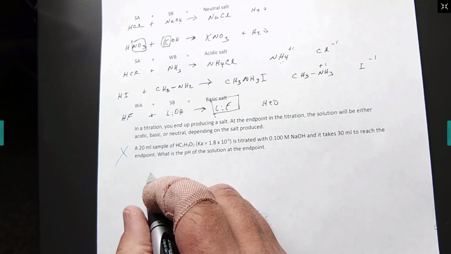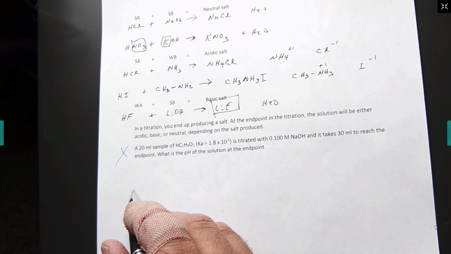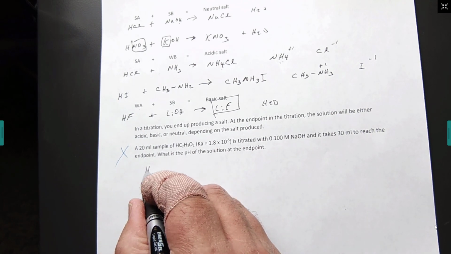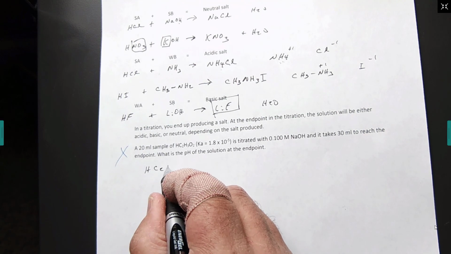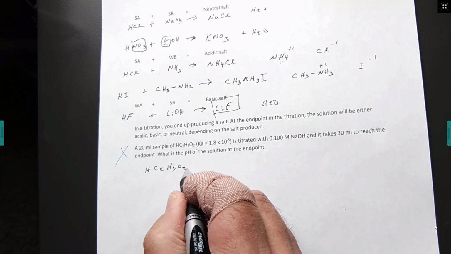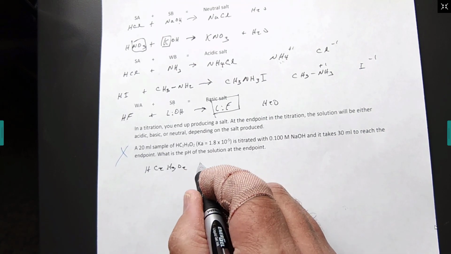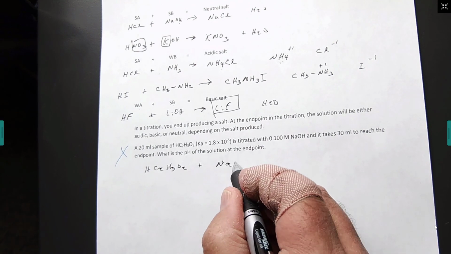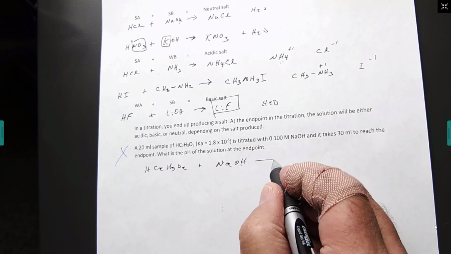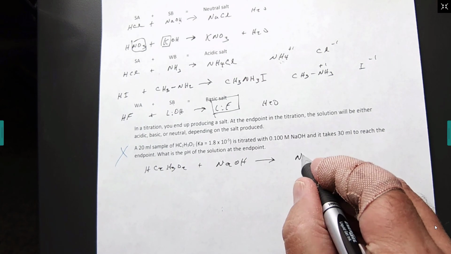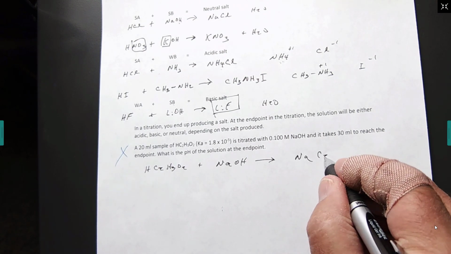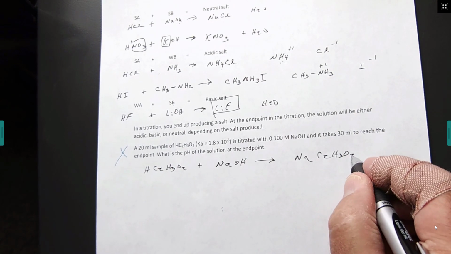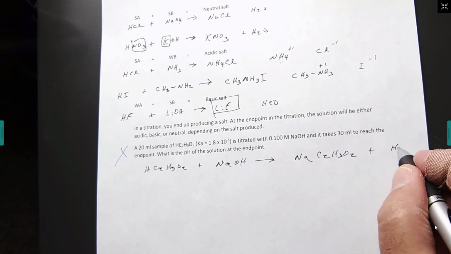What you got to see right off the bat is that you're going to make a basic salt. So you're going to start with your acetic acid, plus your sodium hydroxide. You're going to make this salt, and water, of course.